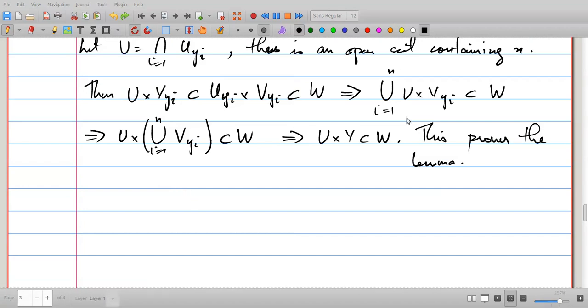We will use this lemma to prove this theorem. Let X and Y be compact topological spaces.